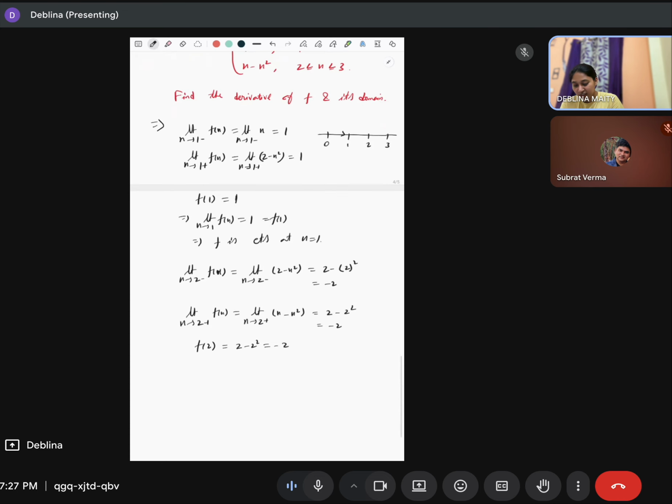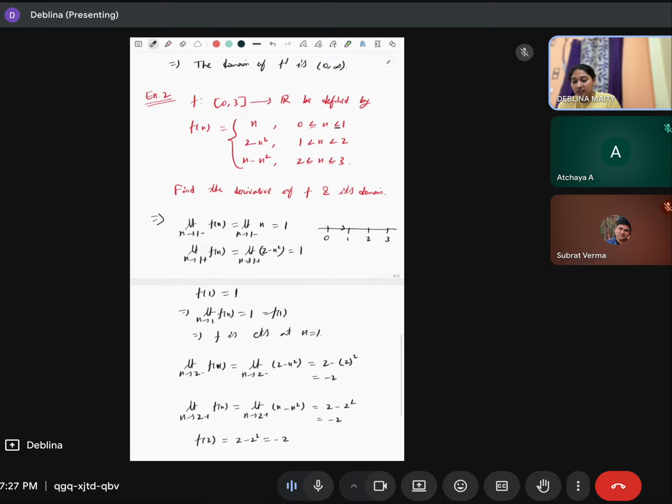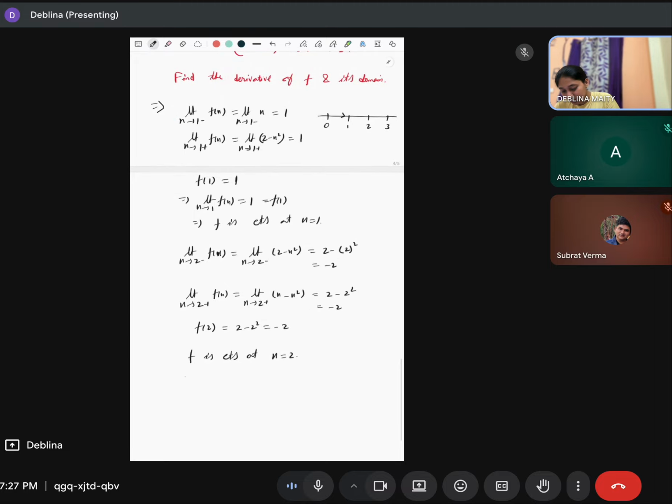So f is continuous at x equals 2. So f is continuous on the closed interval 0 to 3. Right? So f is continuous in 0 to 3.